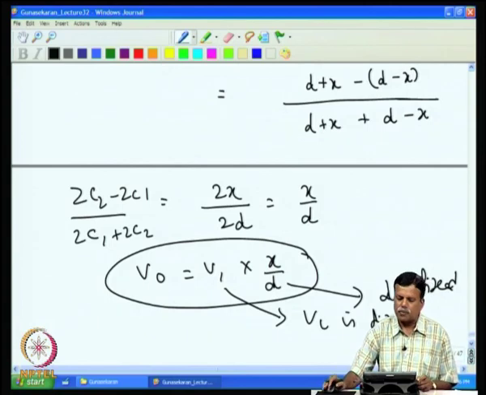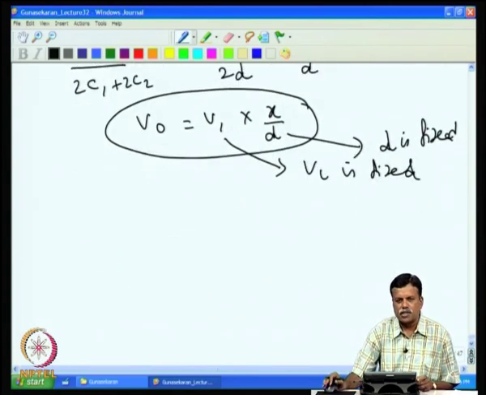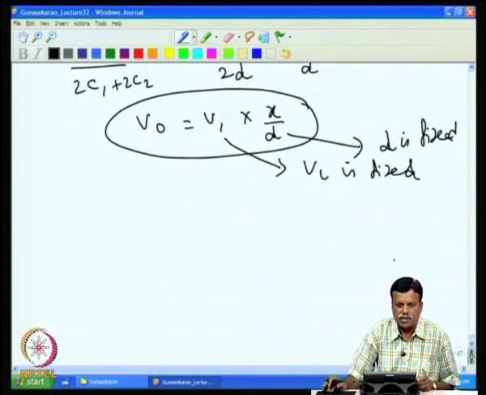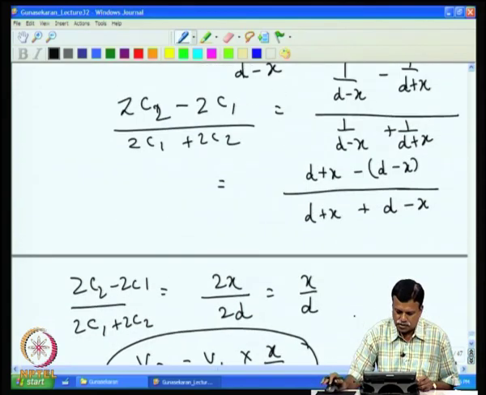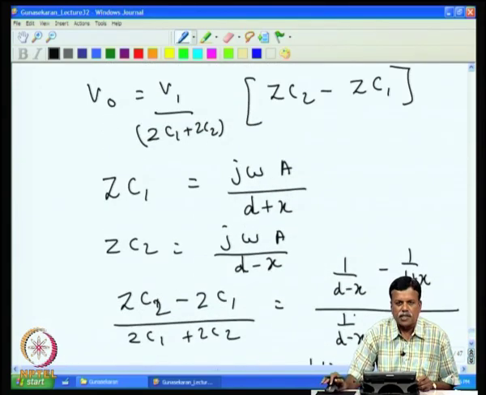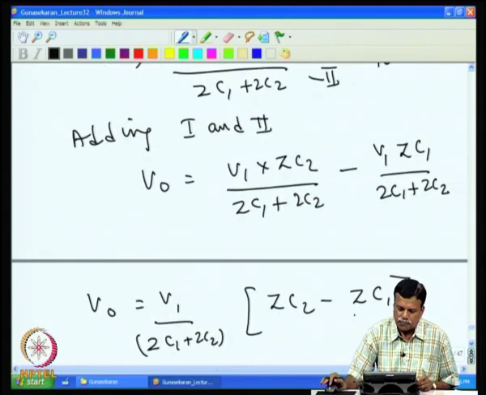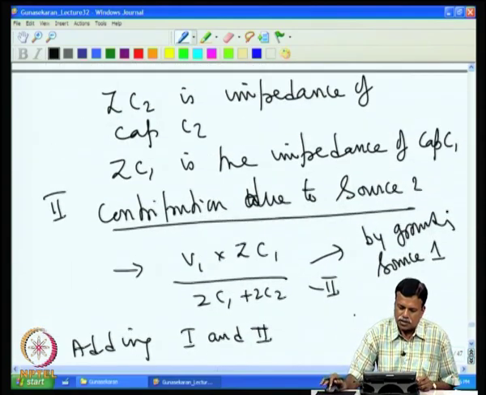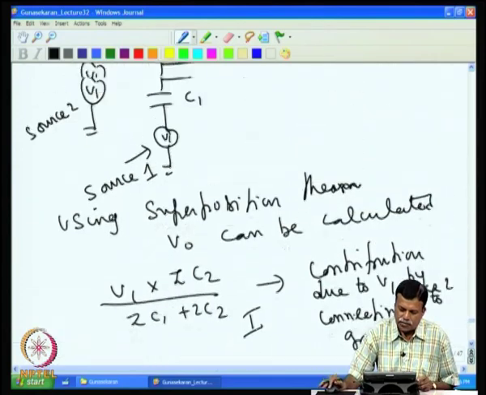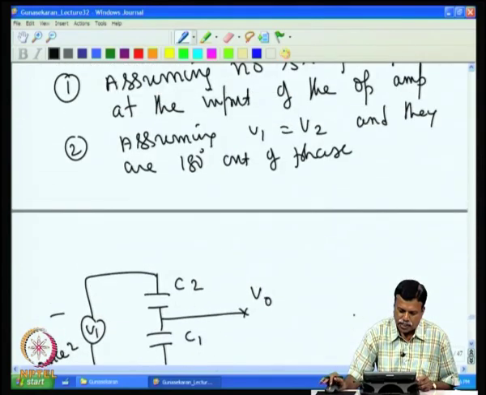So, V0 is proportional to x. So, it is linear. So, even though this amplifier is not good in terms of stray capacitance effect, this is good because it is linear. So, that is the reason that this amplifier is also popular.